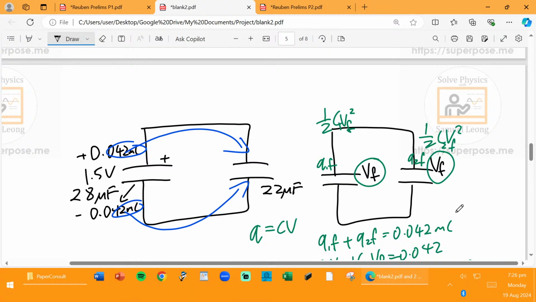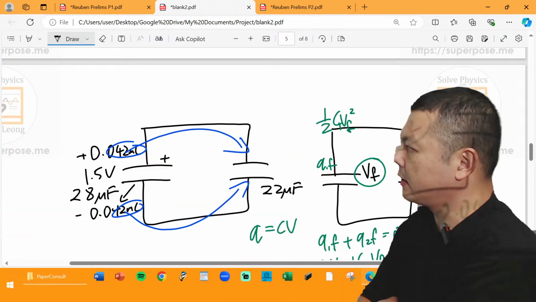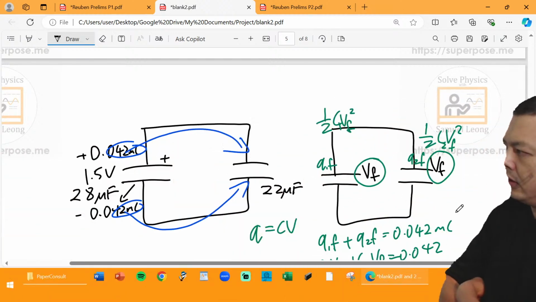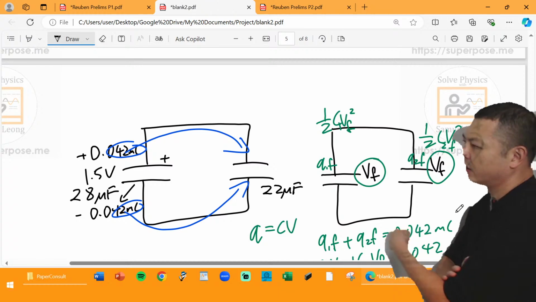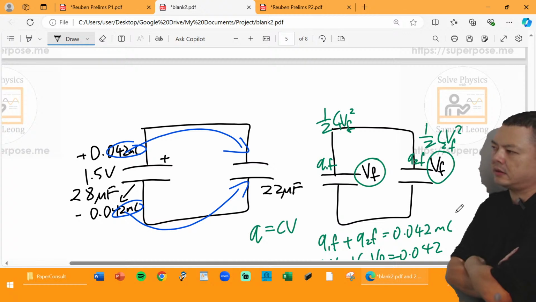Calculate the energy transfer from C1. I would just calculate, oh, you mean this one minus away this one, is it? Okay, yeah. That means the energy loss from C1, is it? Yeah, okay. Energy loss from C1.